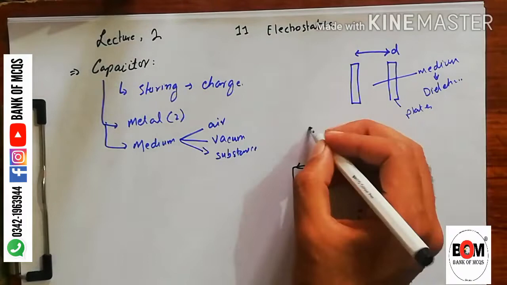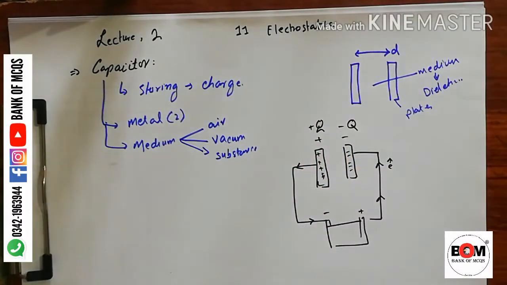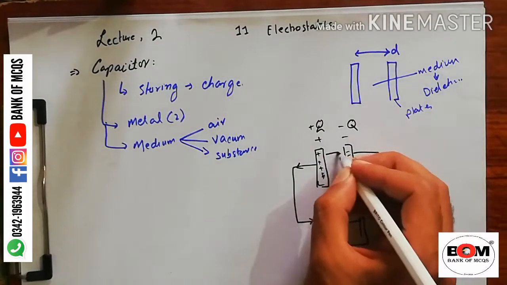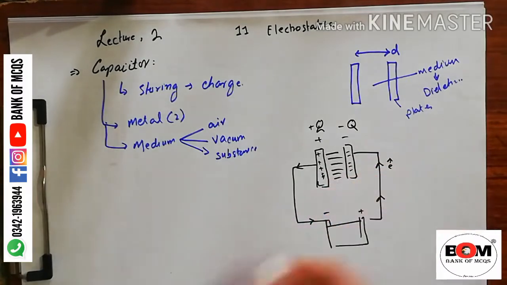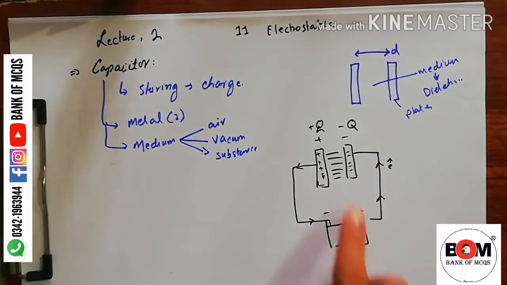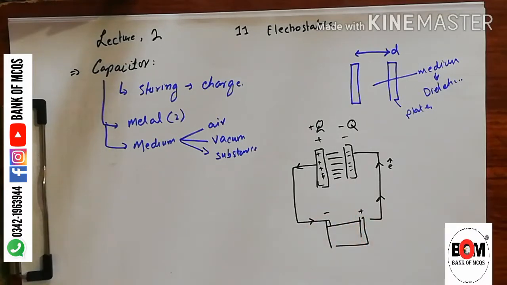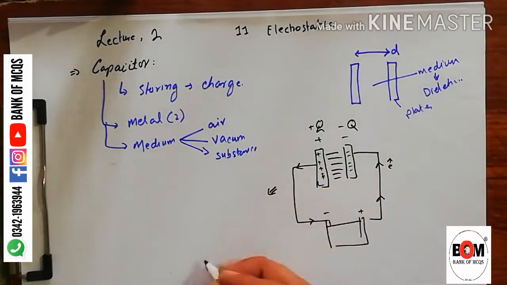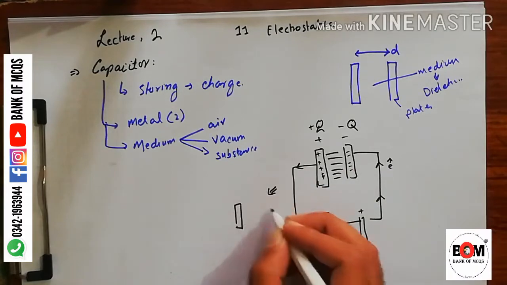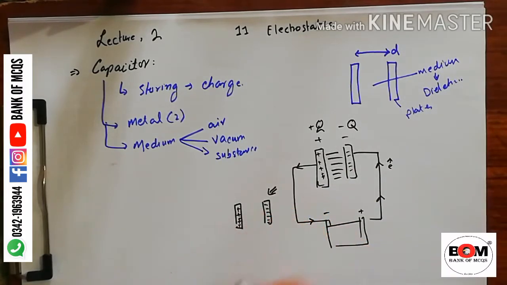So negative charge increases with time on one plate and positive charge on the other, giving charge +Q and -Q on the plates. The mutual attraction between these charges keeps them bound on the inner surfaces of the two plates, and the charge remains stored in the capacitor even when the battery is removed. So if after charging we remove the battery, the two plates still retain their positive and negative charge.